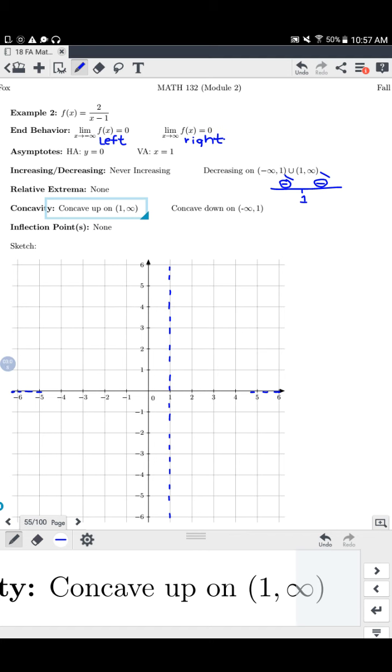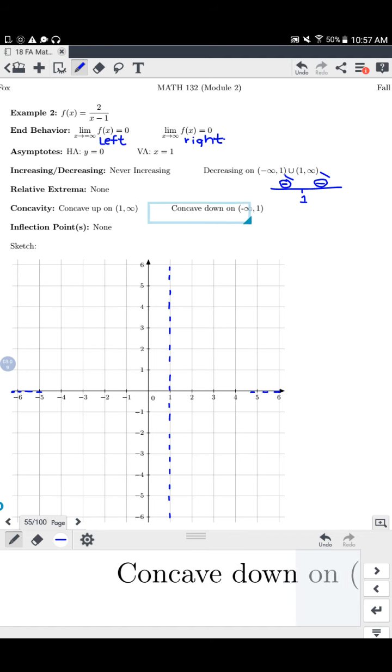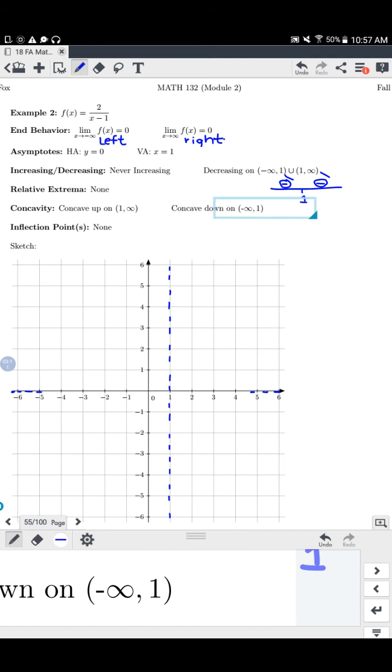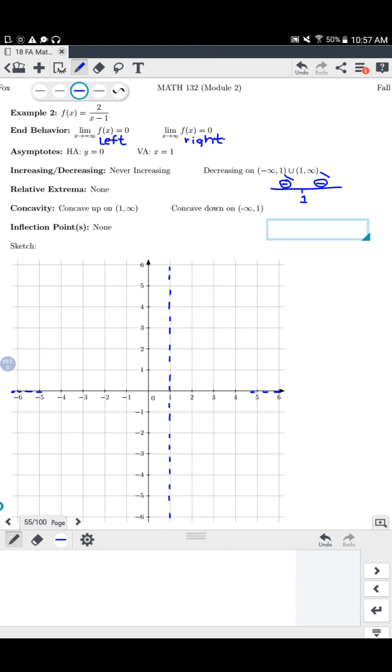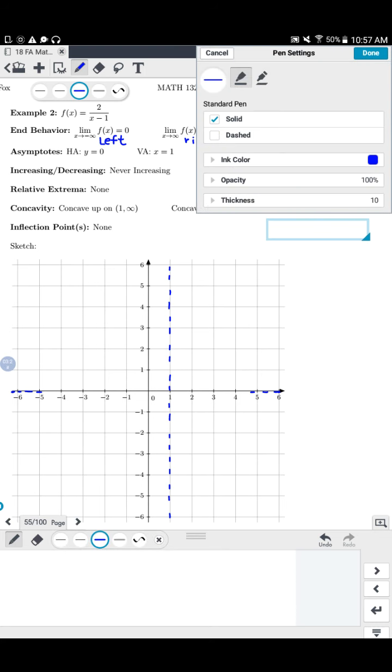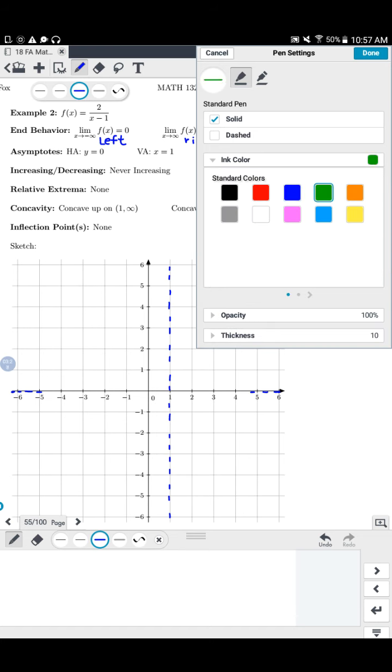Next thing I'm given is the sign chart for the second derivative, concavity. It's concave up from 1 to infinity, and concave down from negative infinity to 1, rather. So if we plot that on here, maybe we'll change our color for this since it's the second derivative.